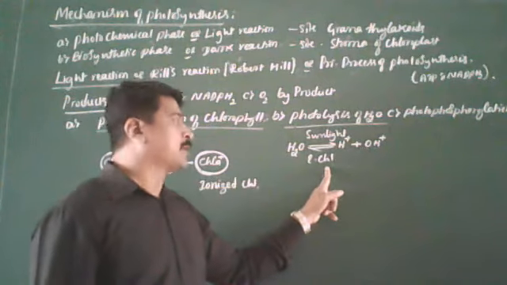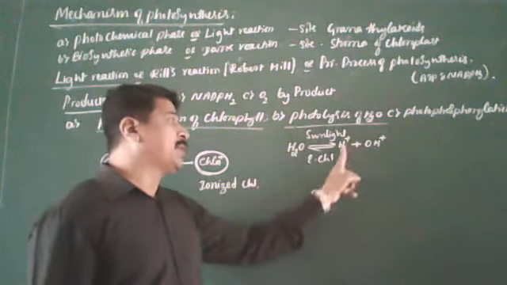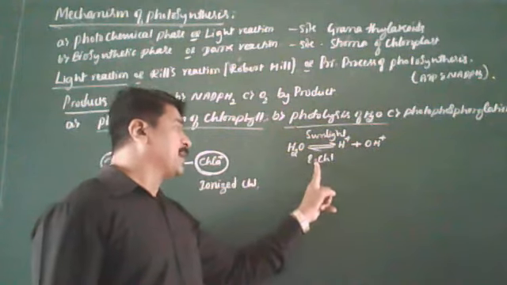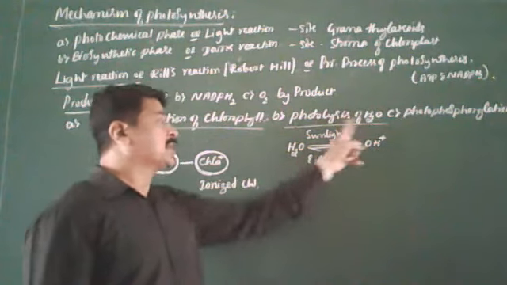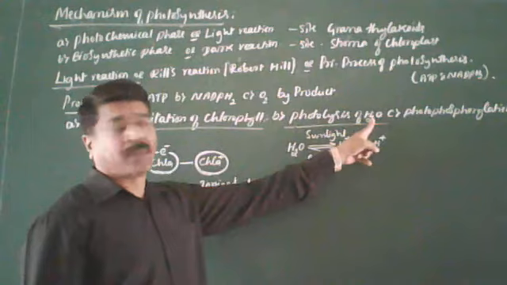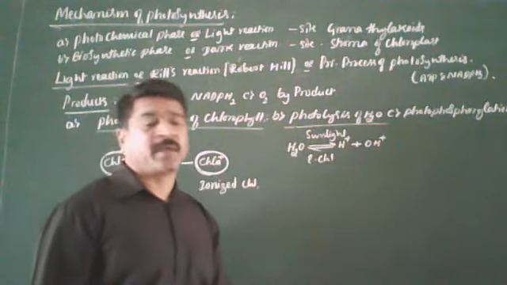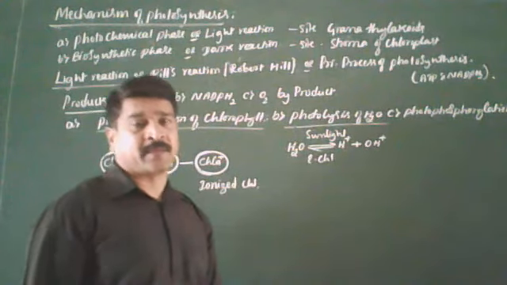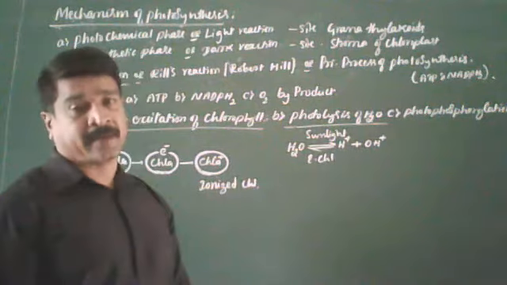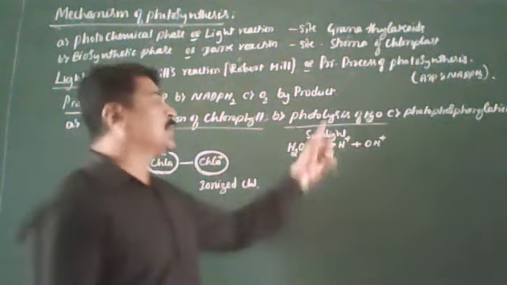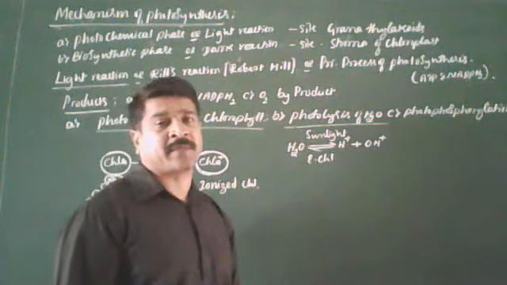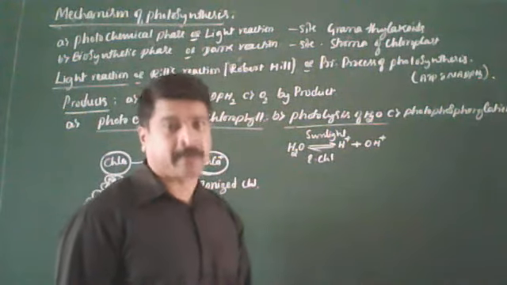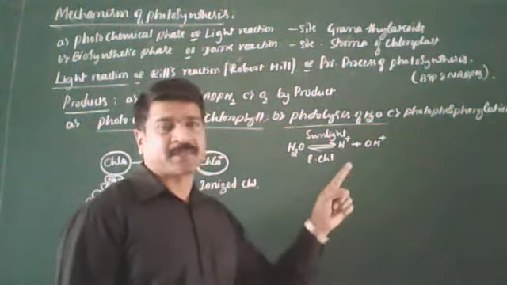Clear? So the splitting of water into hydrogen and hydroxyl ions in the presence of sunlight and excited chlorophyll is called photolysis of water. During photolysis of water, electrons are released, accepted by unknown compound Z, manganese and chloride ions. This photolysis of water is associated with photosystem 2 only. I think the first two steps are clear.